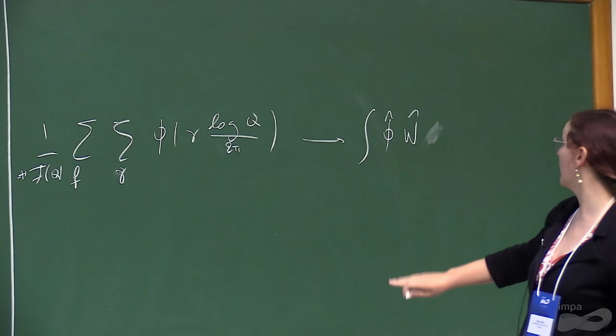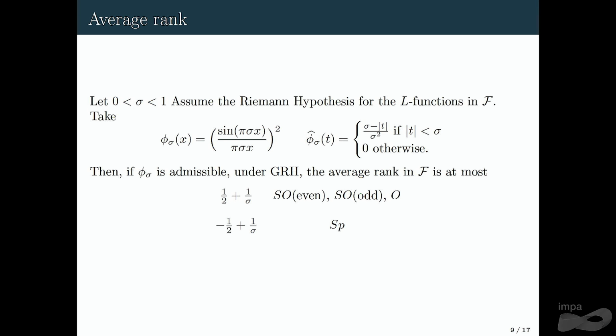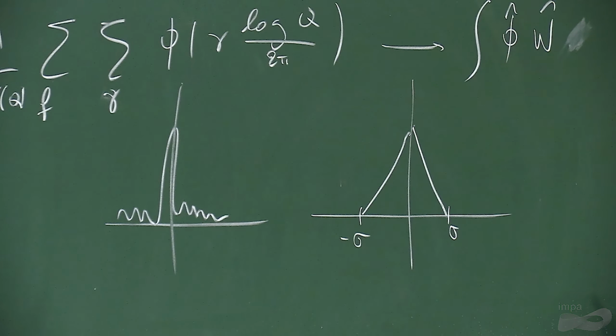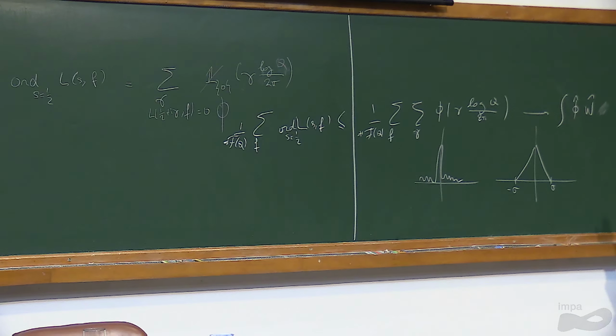And that's nice because the reason why we're taking this one is that the Fourier transform is kind of easy, right? It's the tent function between minus sigma and sigma. And then if you plug that in the limit, then it's easy to compute the integral against the W at. And so that's giving you an upper bound on the average rank.